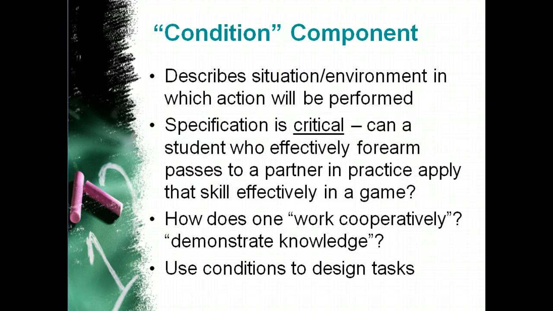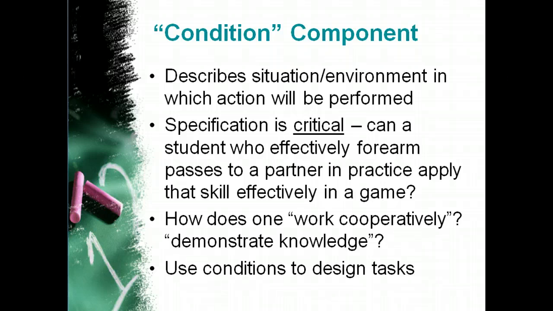The condition component of the objective describes the situation or the environment in which the action will be performed. Specificity is critical for this because the condition component is what we use to figure out if they are able to practice and apply that skill effectively in a game situation. How does one work cooperatively or demonstrate knowledge?